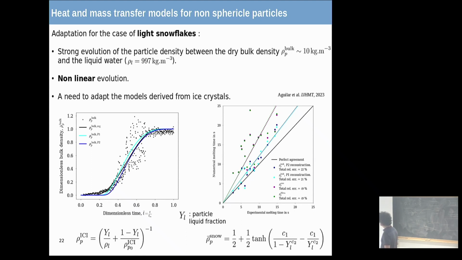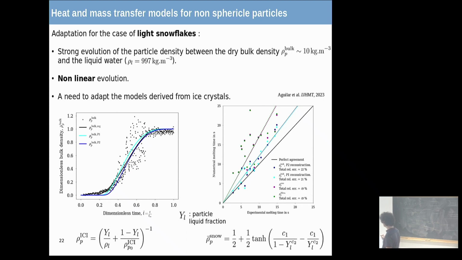In the previous model, the density of the particles followed a very simple law between the density of the initial particle and the density of the liquid water, around 1,000, weighted by the liquid fraction of the particle. It is a linear evolution of the density.